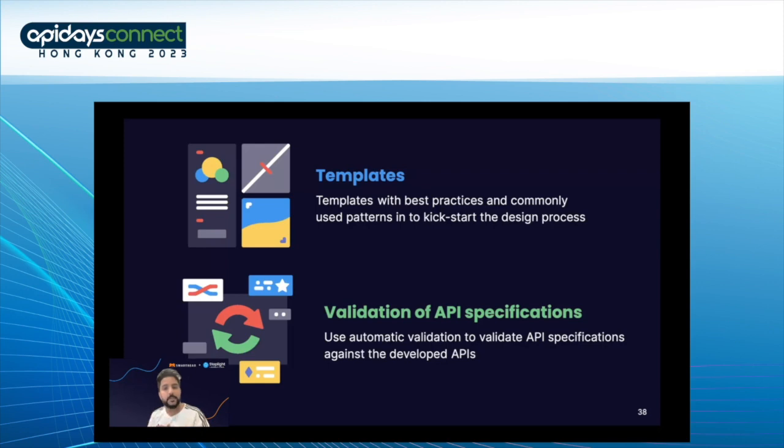This is a template for a particular kind of API that you might have within your organization, which already includes some models, error responses, and naming conventions, all done within an OpenAPI. So a basic OpenAPI template of what good looks like in the organization, so they can get started quickly and be more consistent. You can automatically validate your specs against your developed API once it's out there.